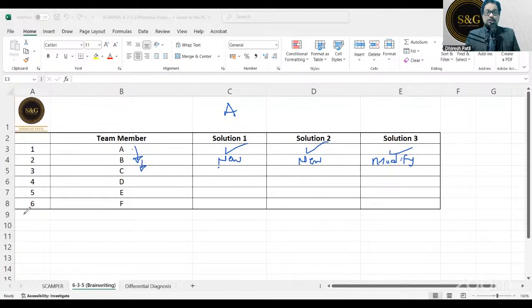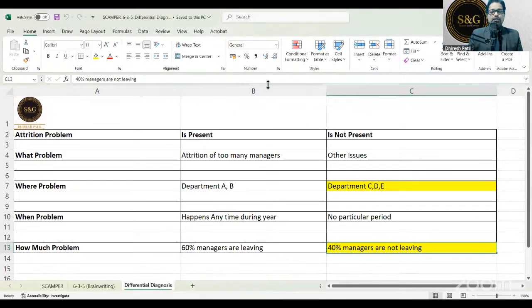Very good. The next one is called differential diagnosis. Now, let me open the sheet for the differential diagnosis. This is a sheet used for the differential diagnosis technique.